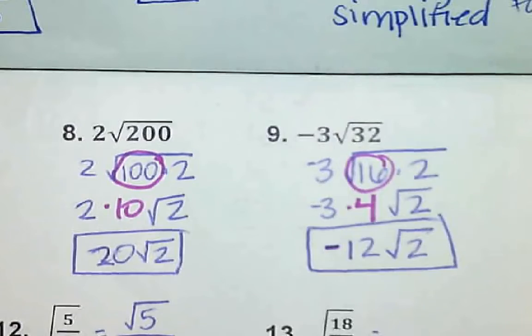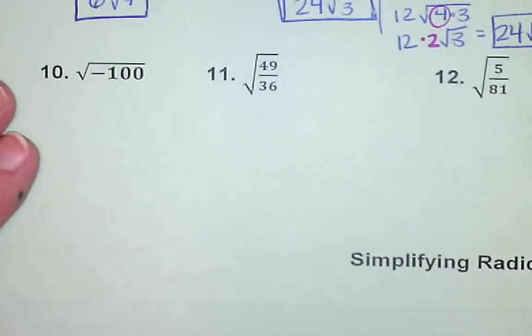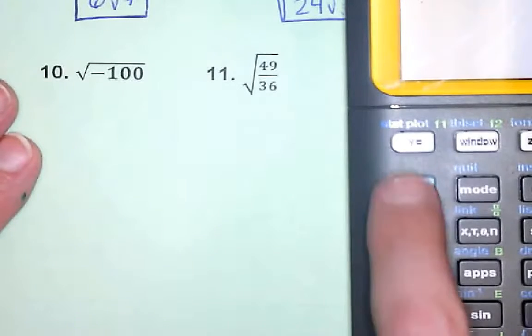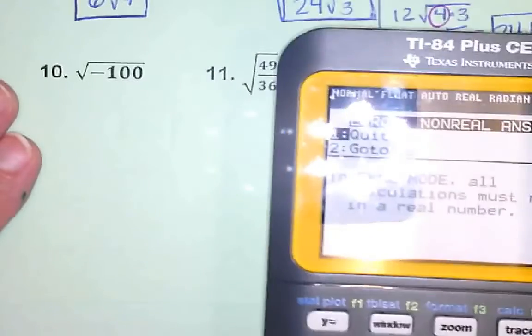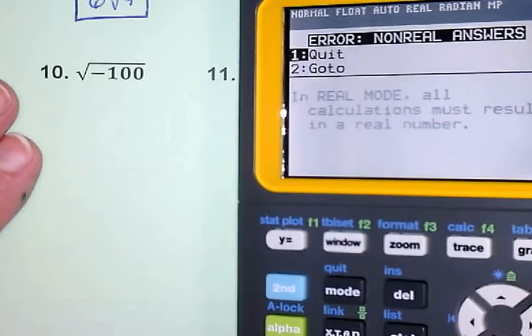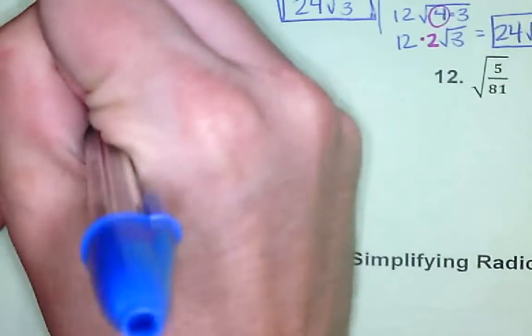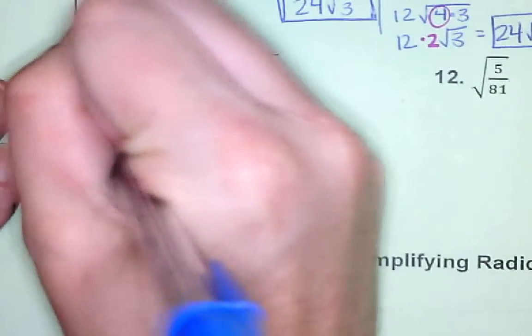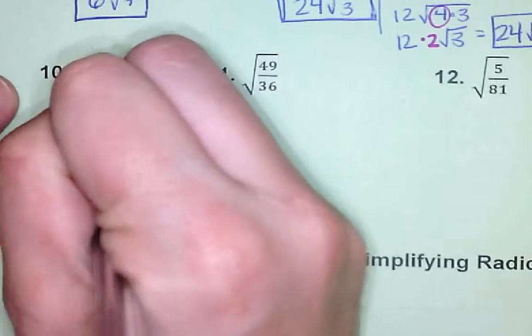Okay? Here we go. Okay, guys, what happens to number 10? If you type in number 10 on your calculator, what's going to happen? It gives you an error. What is the error that it gives you? Non-real answers. So guys, it gives you an error and it says you have non-real answers. So y'all, your error is because you cannot take the square root of a negative number.